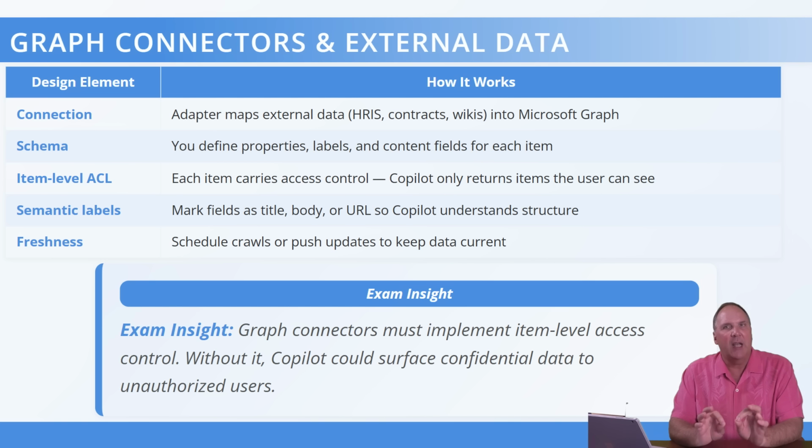Crucially, each item must carry an access control list. Copilot respects these ACLs so that it only returns items the user is authorized to see. Without item-level ACL, you risk surfacing confidential data to unauthorized users. That's governance failure, and the exam will test it.